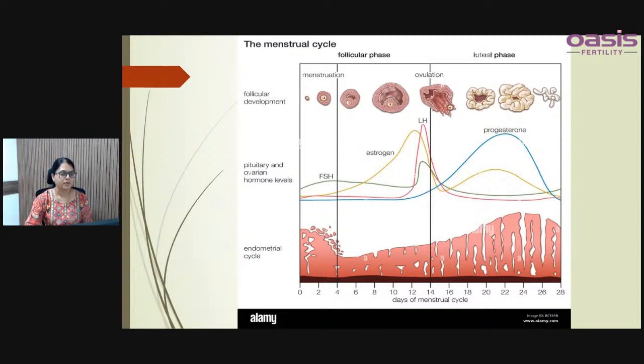At the same time, the endometrium starts increasing in size. Once it is day 14 of the cycle, ovulation will occur. Once ovulation happens, the endometrium starts secretory changes because of the progesterone hormone which is secreted from the ovary.